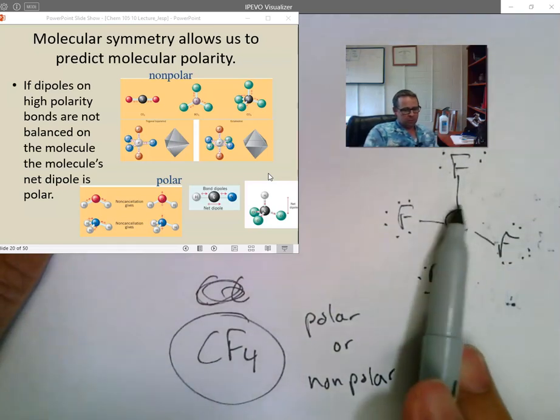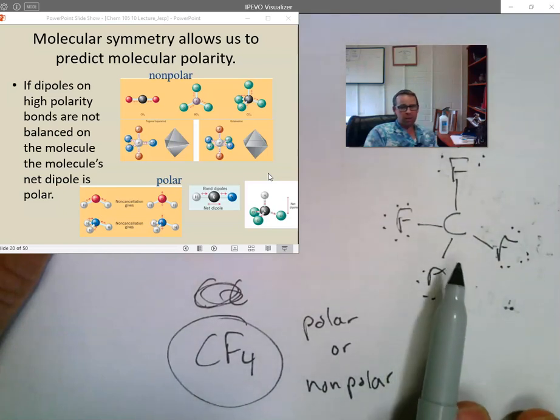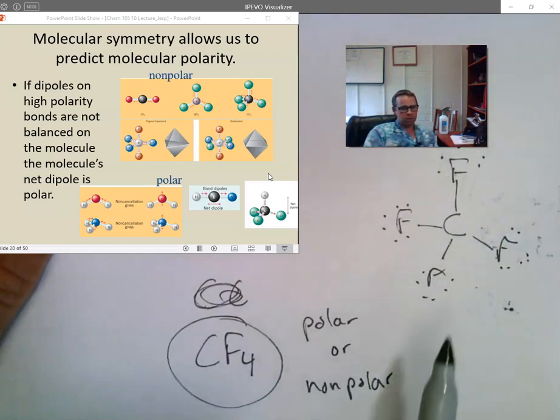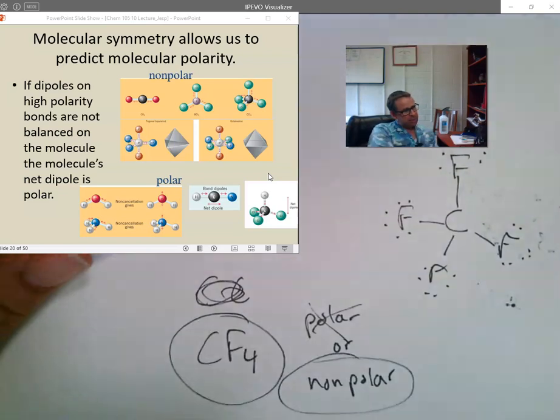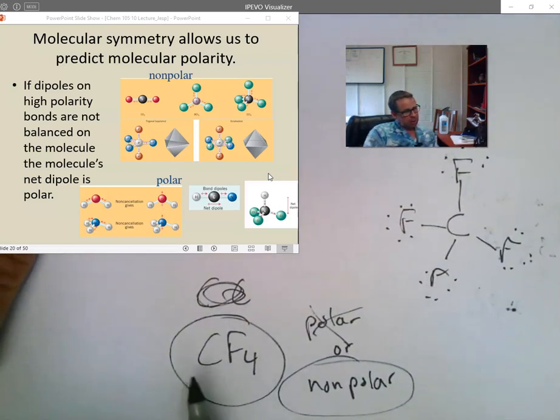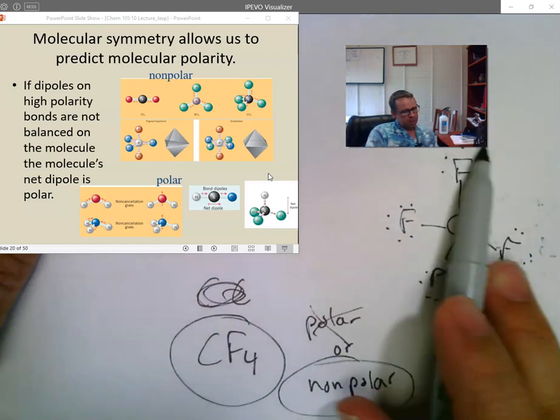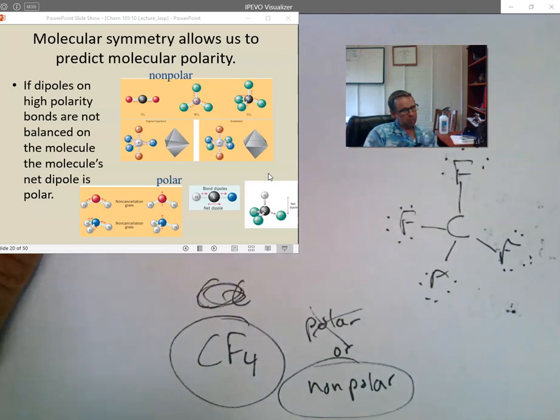However, the symmetry in this molecule results in a compound that is not polar. So this is a non-polar compound. Okay? Does that make sense, Anastasia? The carbon-fluorine bond is a polar bond. However, because its shape is symmetrical, the result is a non-polar compound.